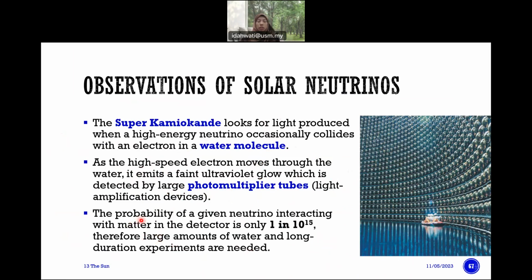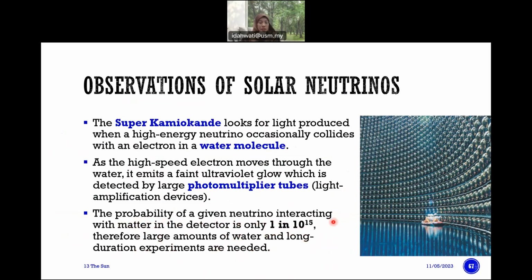The probability of a given neutrino interacting with matter in the detector is only 1 in 10 to the power of 15. Therefore, a large amount of water and long-duration experiments are needed. So it is very difficult experimentally.